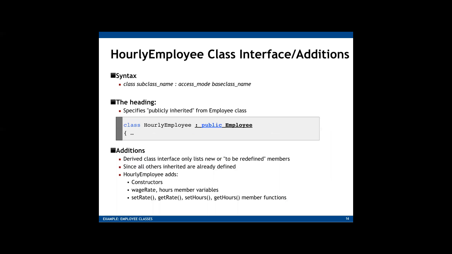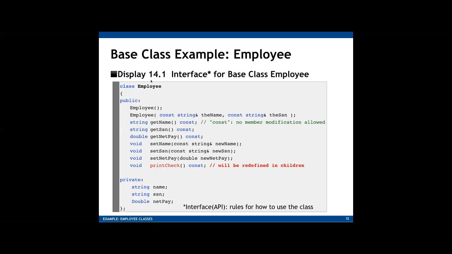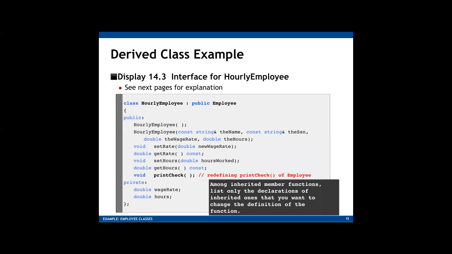Okay, so recall that the Employee class has name, SSN, and net pay member variables. Because the HourlyEmployee class inherits the Employee class, it inherits all the member functions and member variables defined in this class. So that is the reason why HourlyEmployee has name, SSN, and net pay member variables, even though it only defines two member variables.